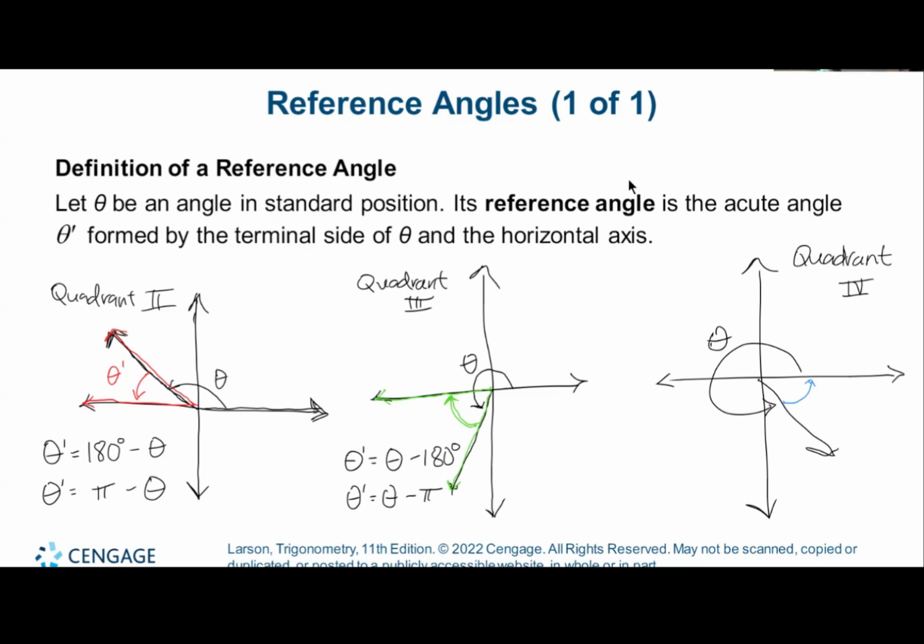So the angle formed by the terminal side and the horizontal axis, that is our reference angle. If your angle is in quadrant 4, to calculate the reference angle, you have to subtract the given angle from 2 pi or 360.